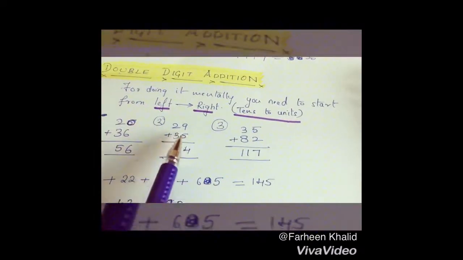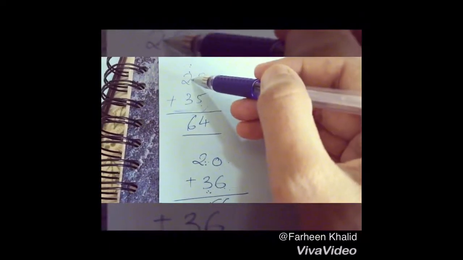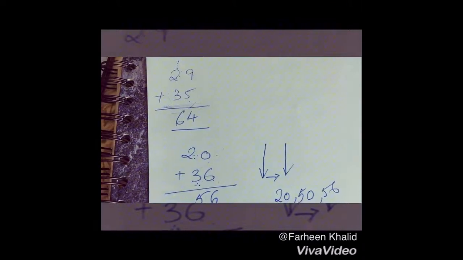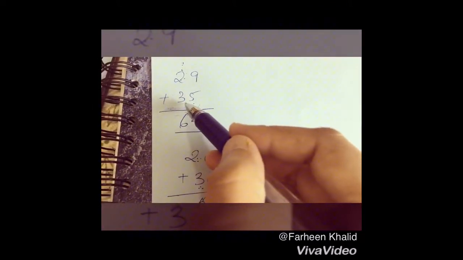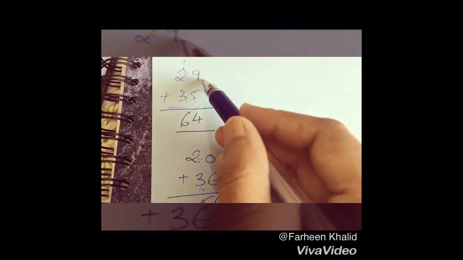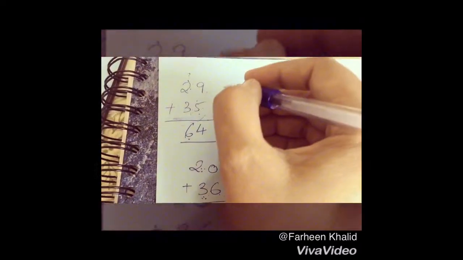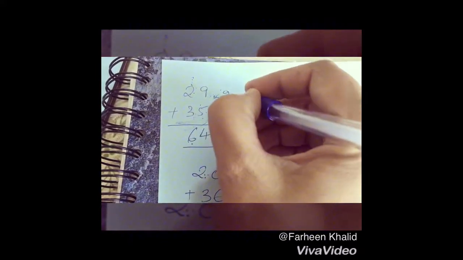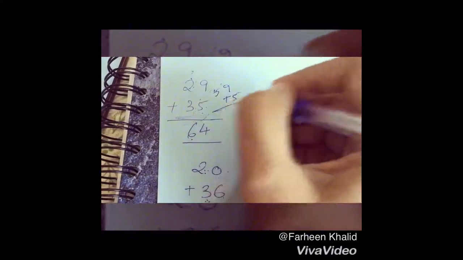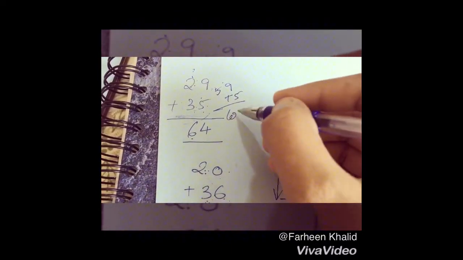So in this example that we had done, if we had to do the same thing, it is 20 plus 30, which is 50. 50 plus 9 is 59, and then we have 5, which is 64. Now when I did 59 plus 5, what I quickly did in my mind was 59 plus 1 makes it 60.